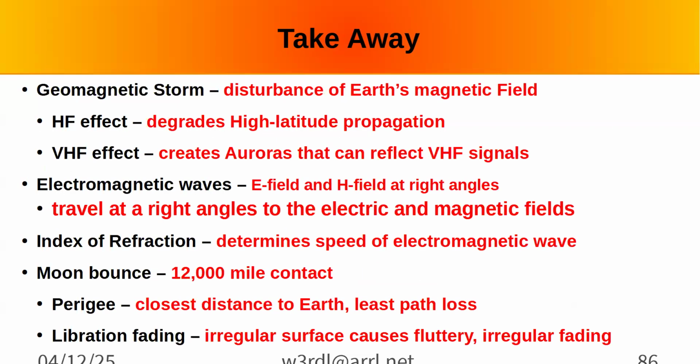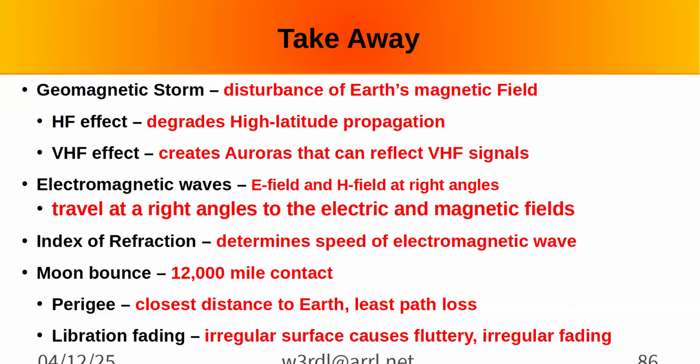Okay, geomagnetic storms are disturbances of the Earth's magnetic field. High latitude is affected. VHF signals can be bounced or refracted off of auroras. We talked about E and H fields at right angles. The index of refraction is the ratio of the speed of the wave with respect to the speed of light.